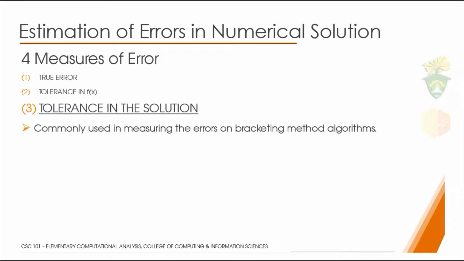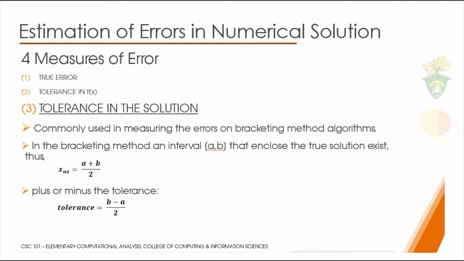Okay, the third measure is the tolerance in the solution. So this method is commonly used in measuring errors on bracketing method algorithms. So as discussed, bracketing methods enclose a true solution in the domain with interval a to b. This measure suggests that the numerical solution could be between the interval.